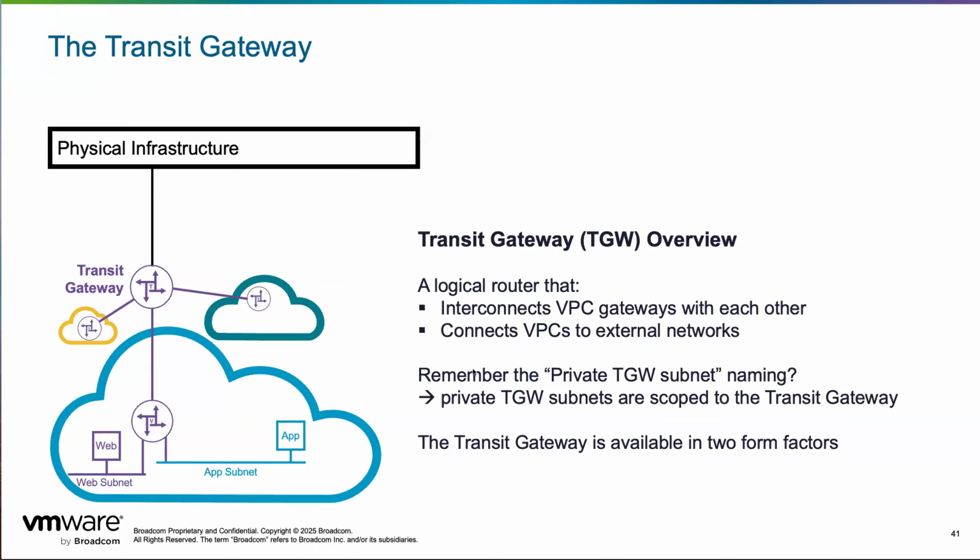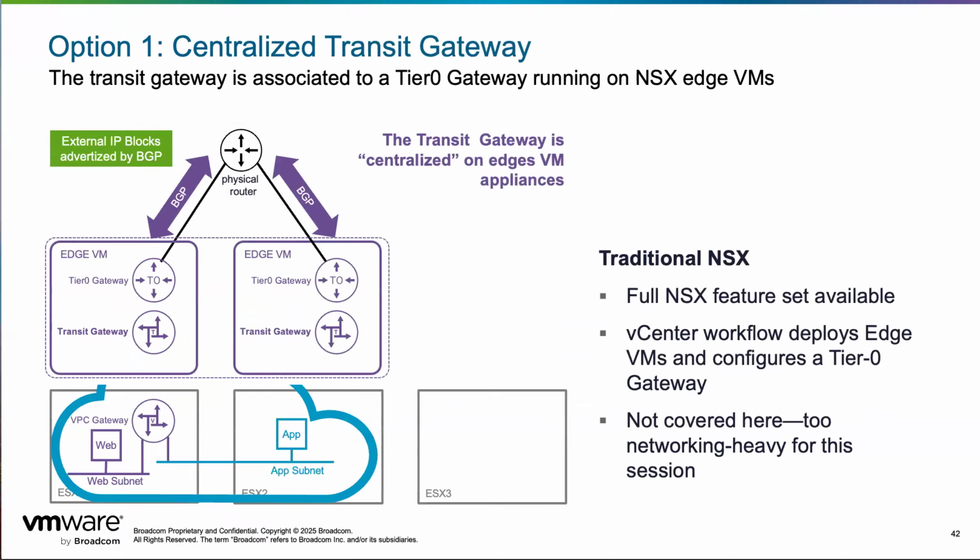The transit gateway is available in two form factors. And now we're talking about the way VPC, as a feature, is installed in VCF. The traditional way, and don't worry too much about this slide, it's preloaded, I'm not going to detail this, is to instantiate this transit gateway on an appliance called an Edge VM.